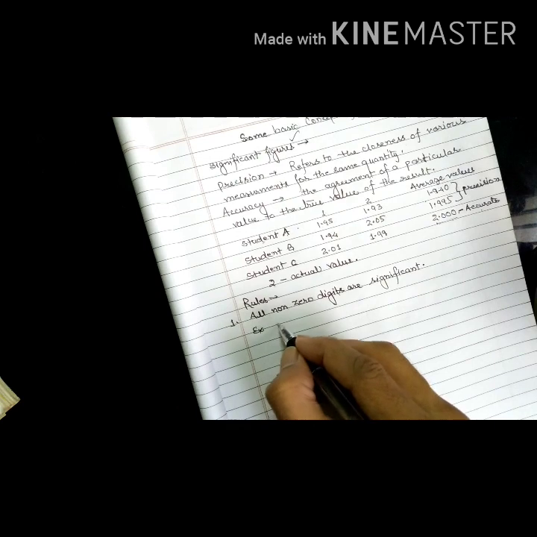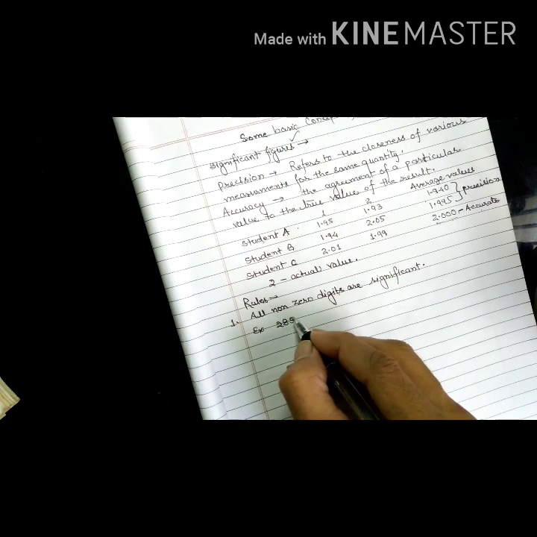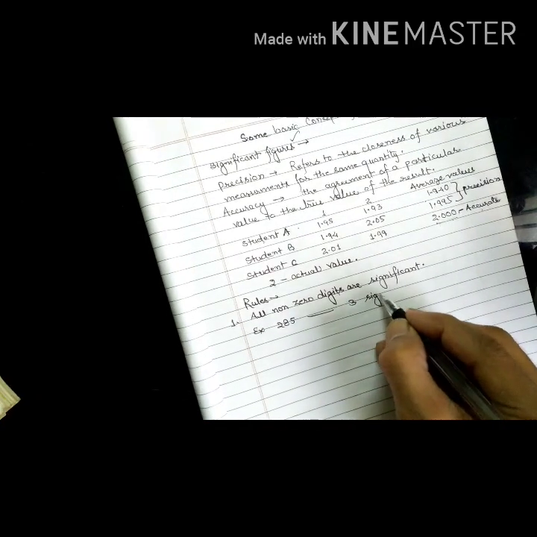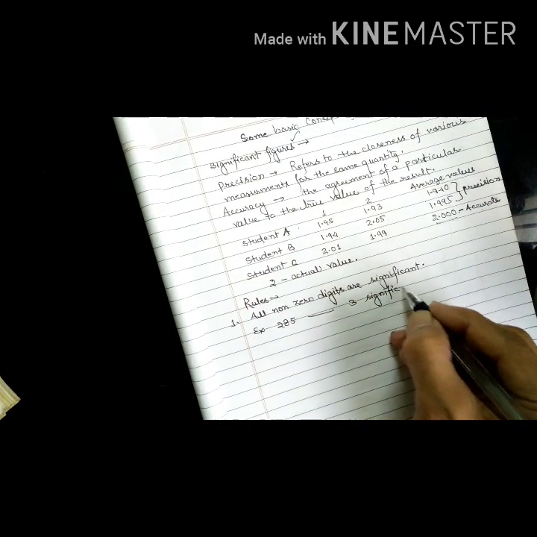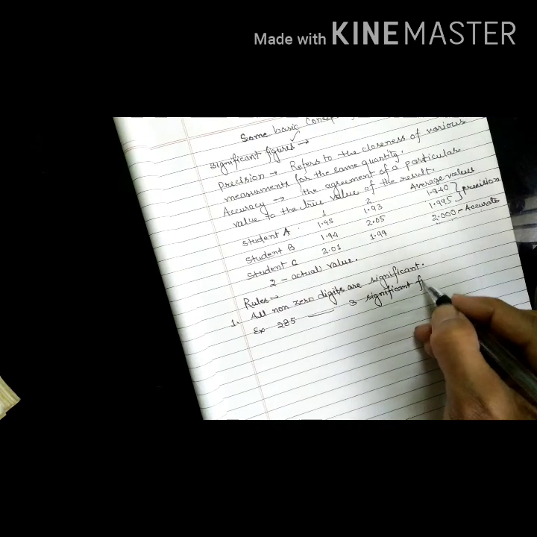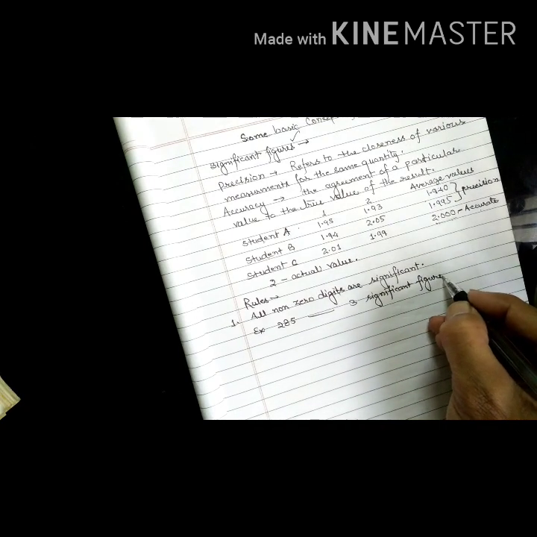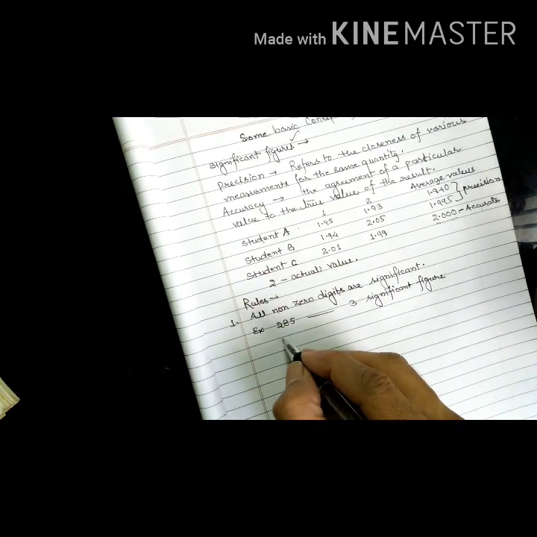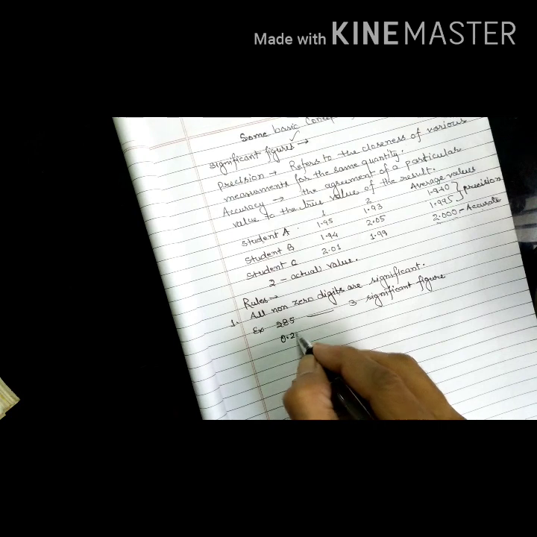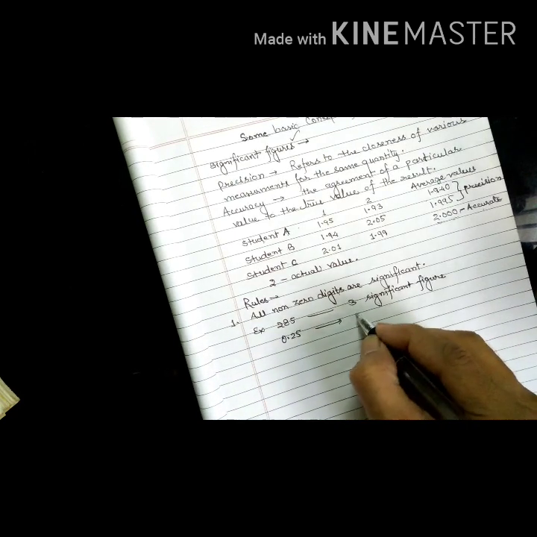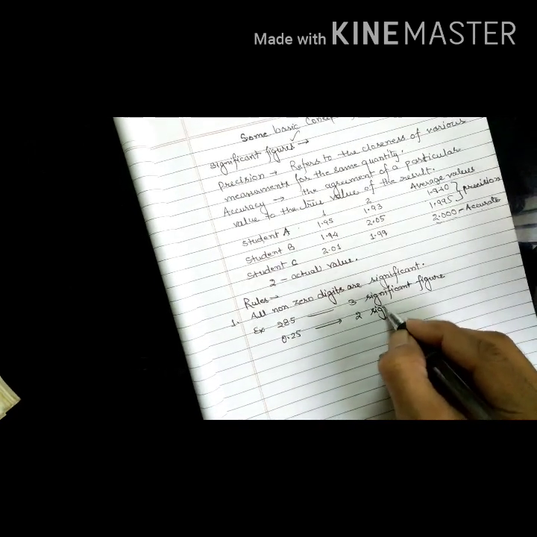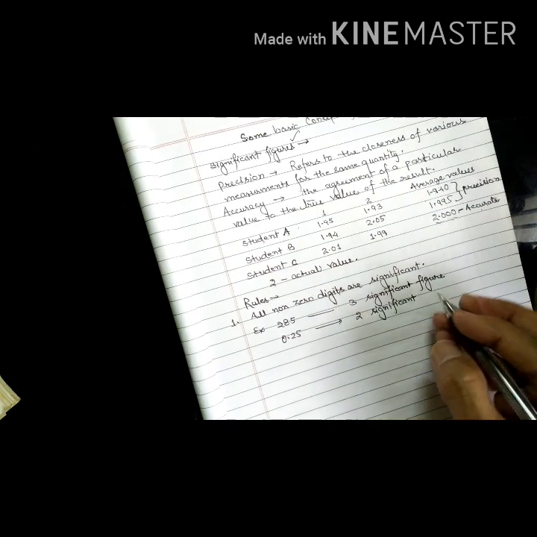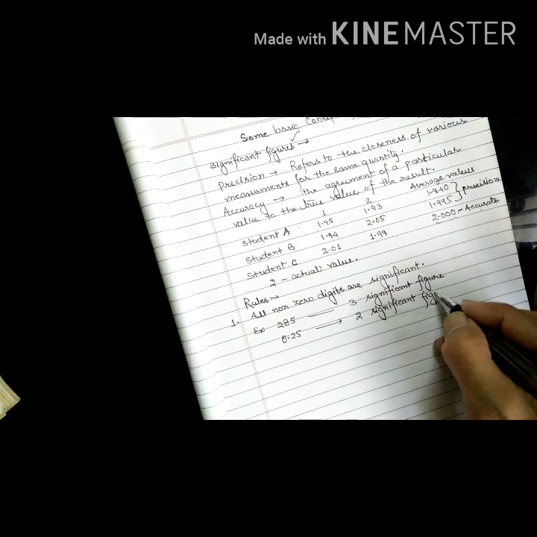Example, suppose you have taken 285, so there are 3 significant figures. Another, 0.25, 2 significant figures.